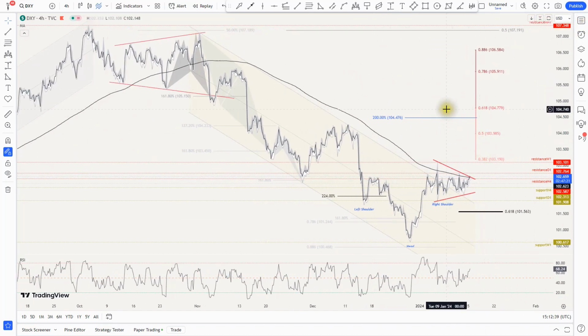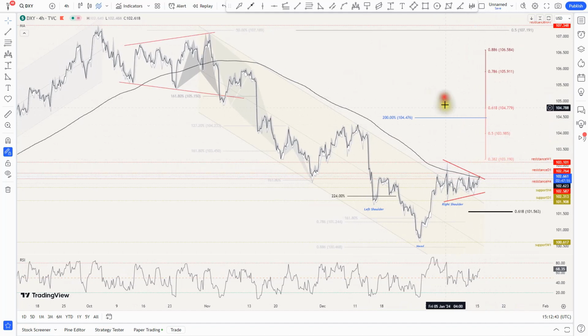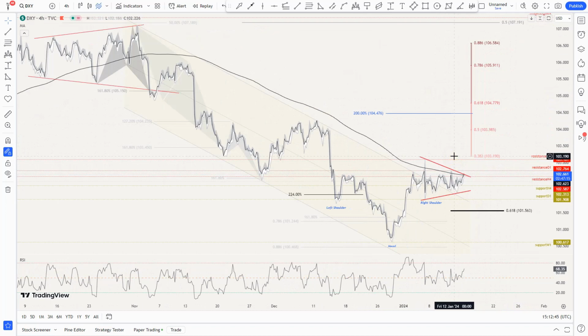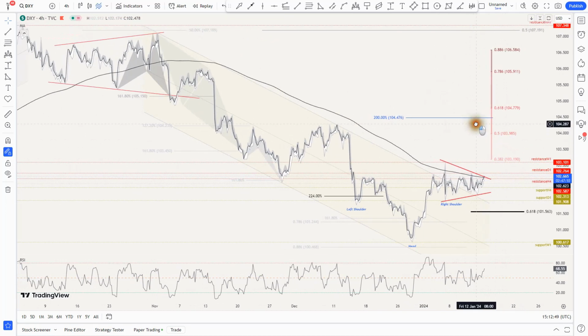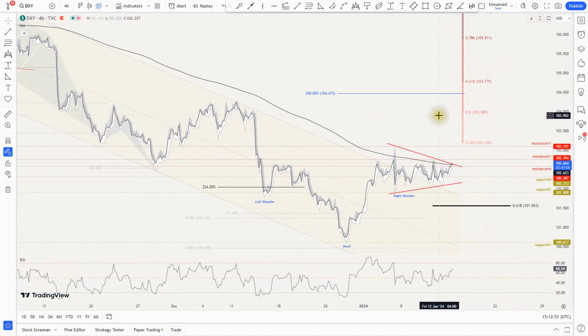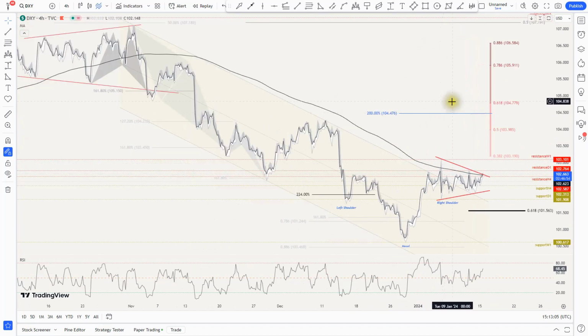We are inside what we may call a consolidation process. I believe it's not completed yet, even though I'm paying attention to some of these fractal levels of support and resistance levels. That being said, we are inside what we may call a triangle or a flag pattern. And at this point we are threatening the highs of that structure.